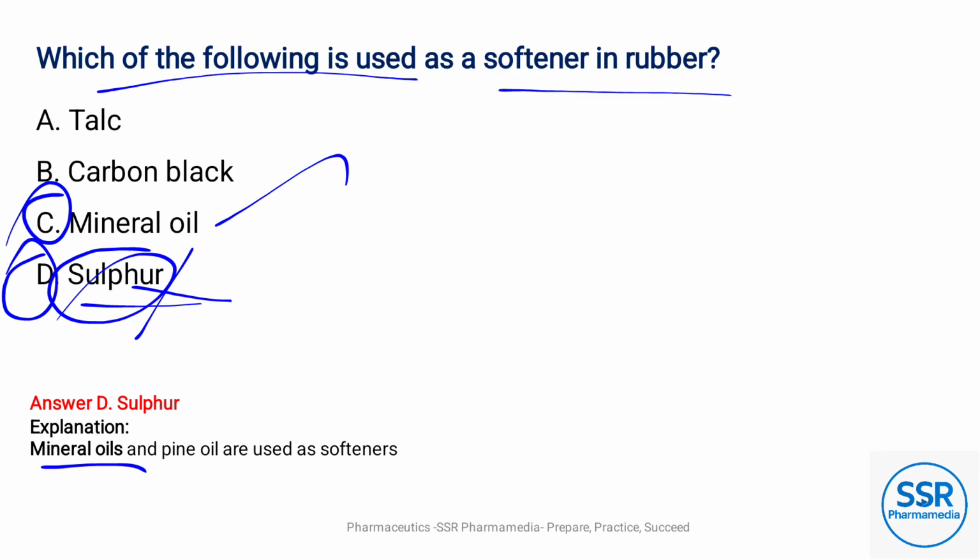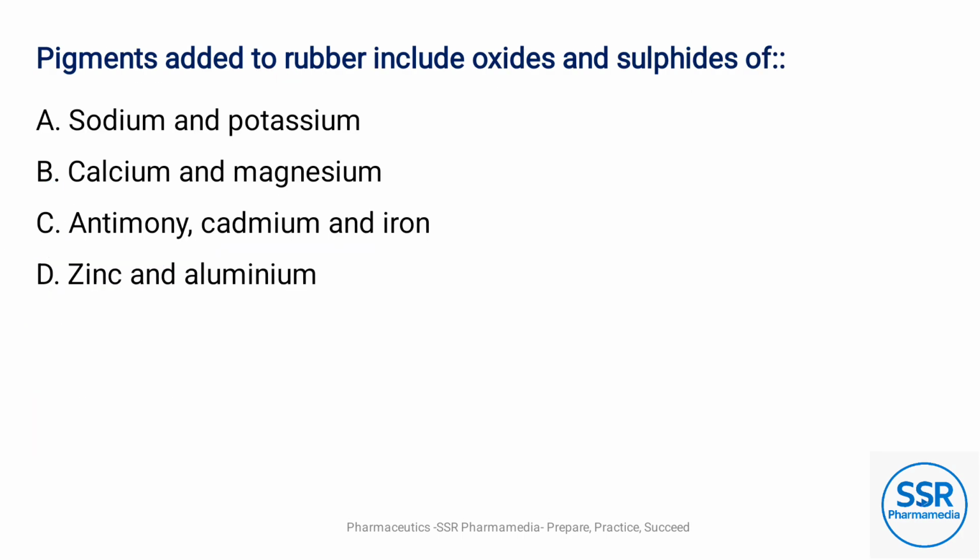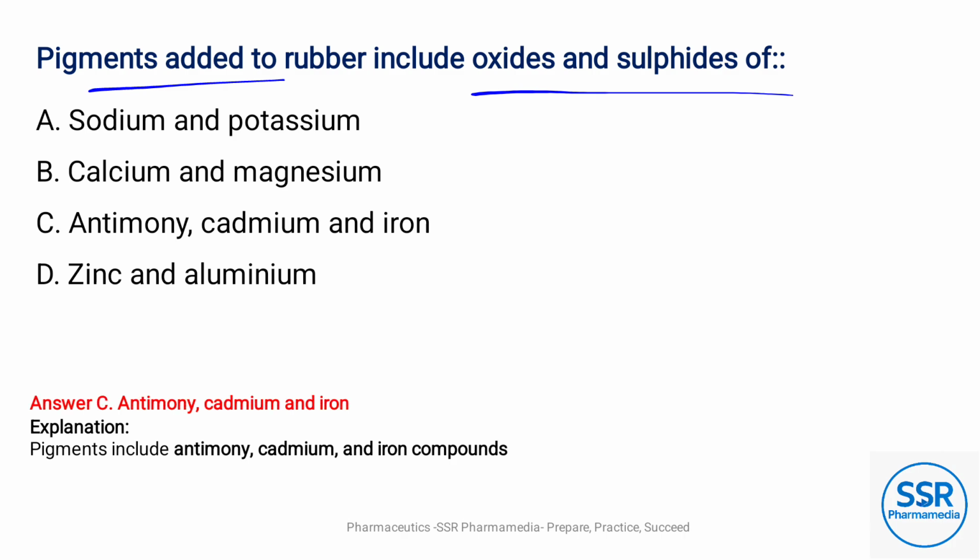Mineral oils and pine oils are used as softeners in rubber. Pigments added to rubber include oxides and sulfides of, option C, antimony, cadmium, iron. These are used as pigments.